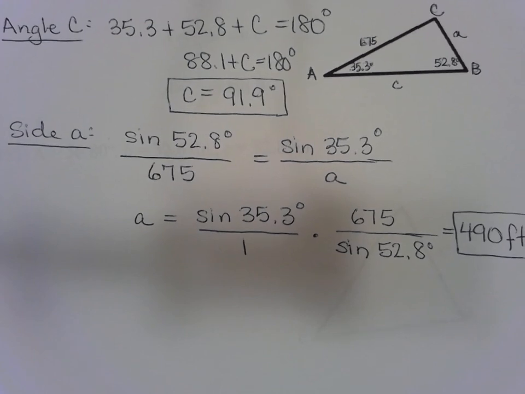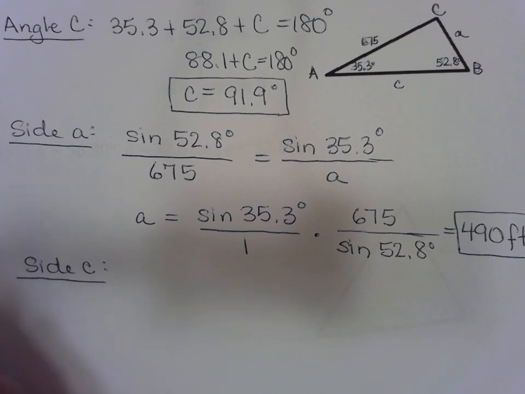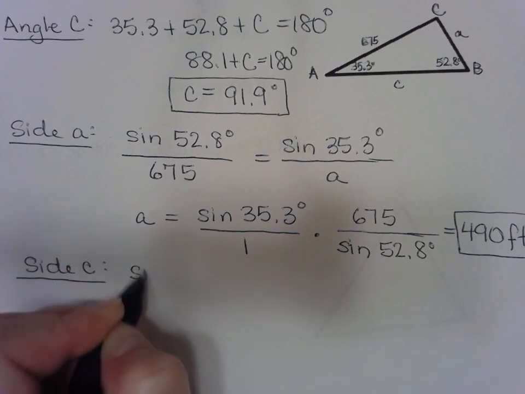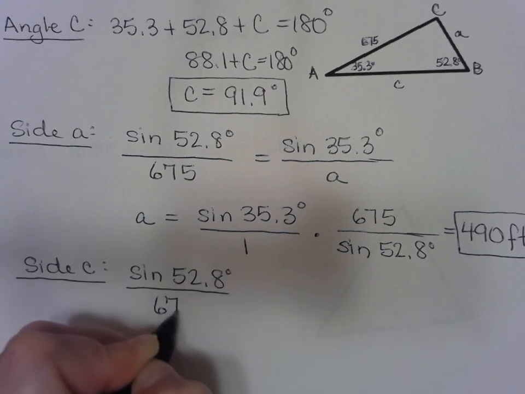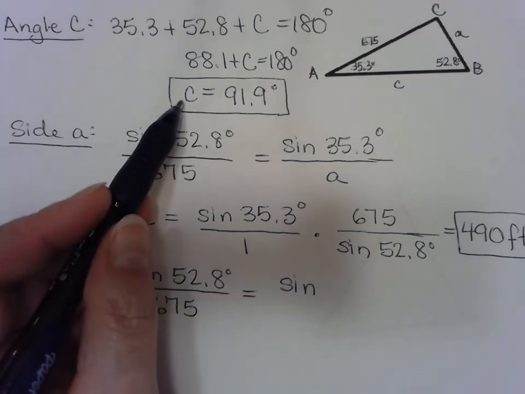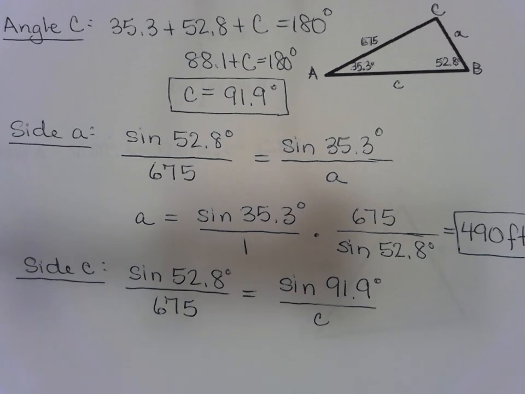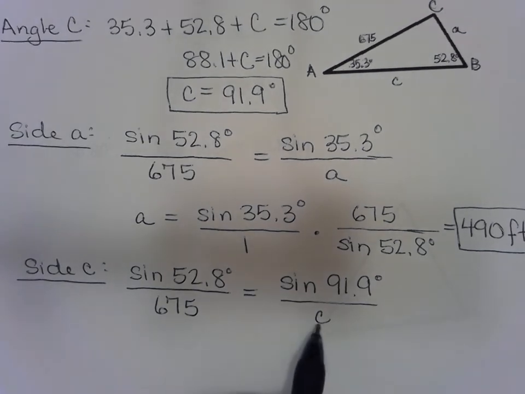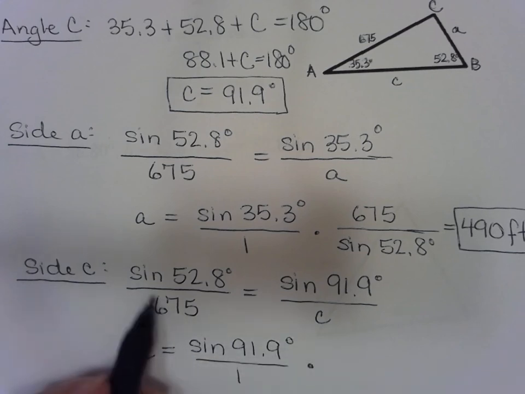All right, last one. Let's find side C. I'm going to keep using angle B. So the sine of 52.8 degrees over 675 is equal to the sine of angle C, which we already found to be 91.9 degrees, over the length of side C, which we don't know. This is a little c. Okay, so we're going to multiply it over. And then we're going to move all this over.